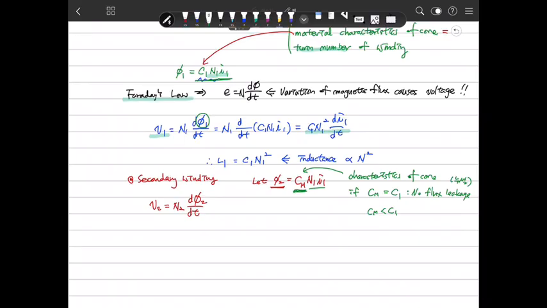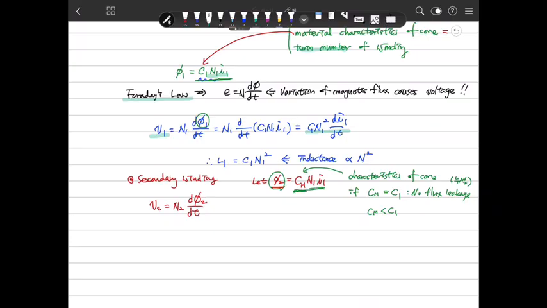The flux caused by the primary winding is coupled in the secondary winding, but not all of it couples. So phi 1 and phi 2 is the coupled flux to the secondary winding. So we define it in this way here.